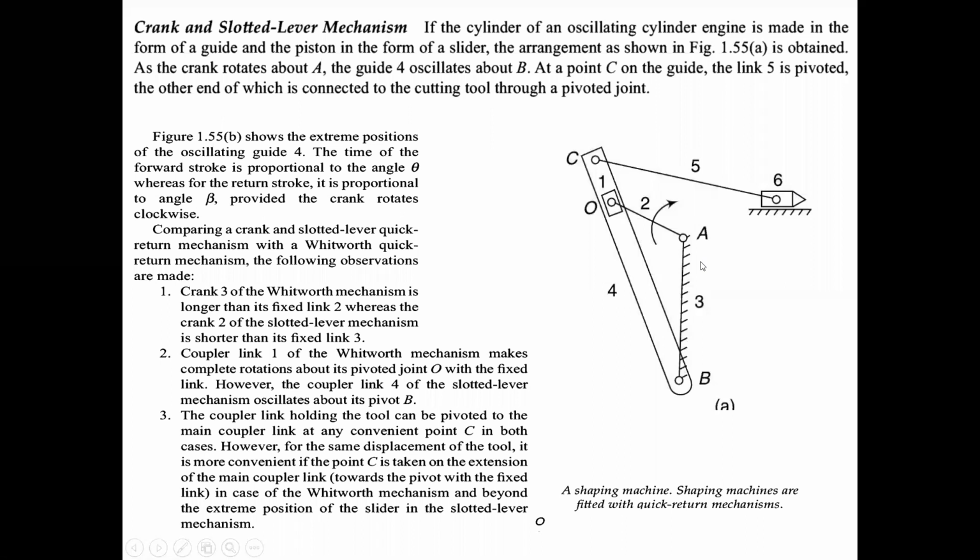That happens in our crank and slotted lever quick return motion mechanism. In this, link AB is fixed here. When the crank makes revolutions, it is connected to the cylinder, and that cylinder is inserted into lever 4.